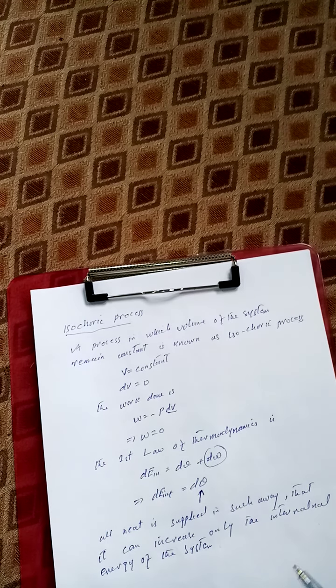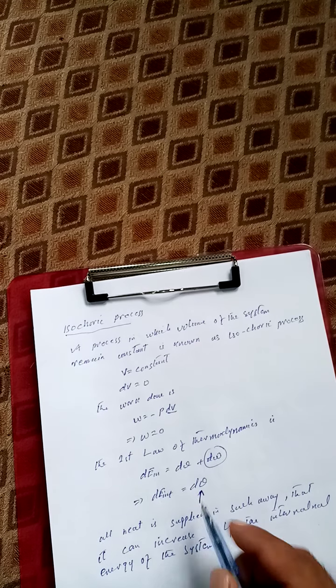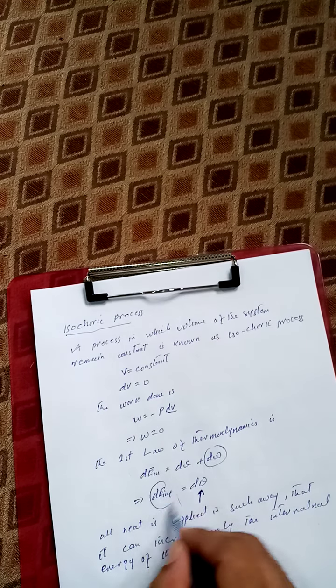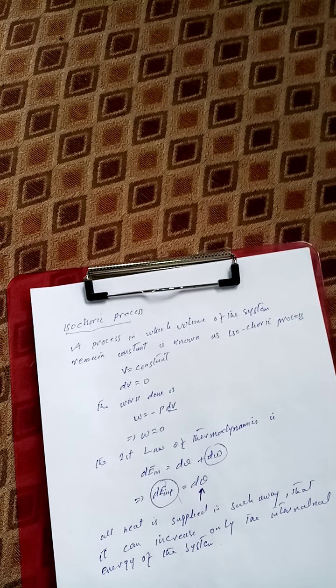Because work done is 0, the change in internal energy is equal to the heat supplied. So the heat supplied to the system will only increase the internal energy while the work done is 0.